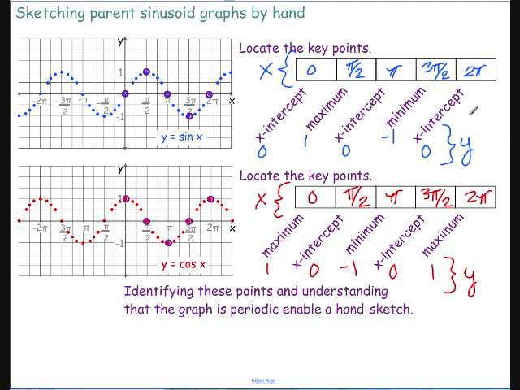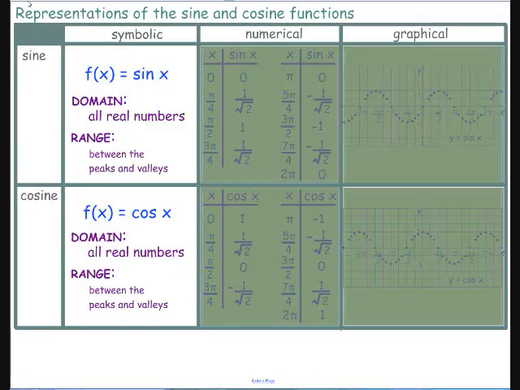Now these key points, as far as the x go, they match. But because this one is shifted a bit, it's a different sequence for your y values. This is important to you in being able to do a hand sketch.